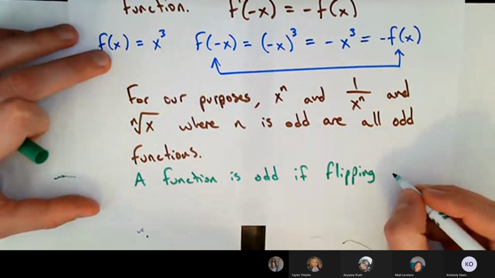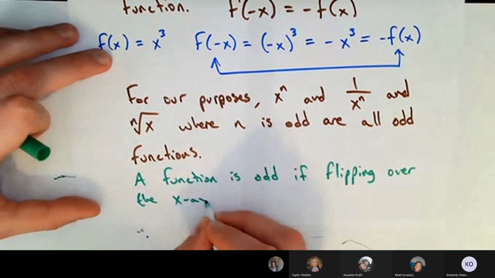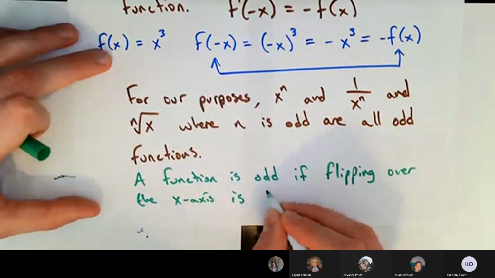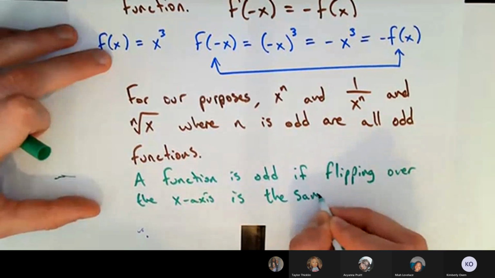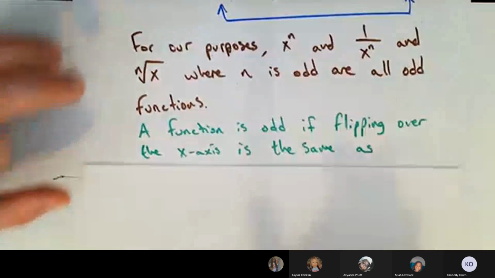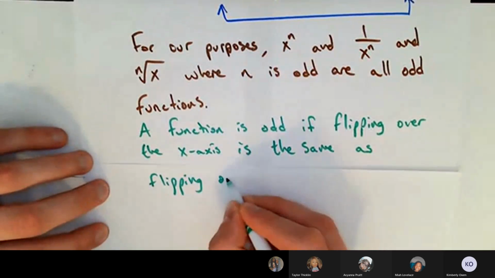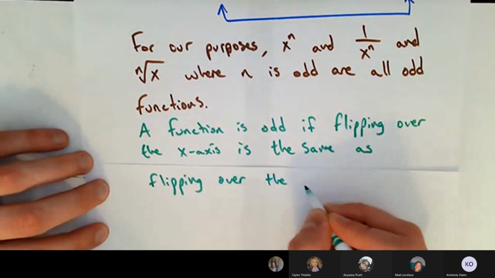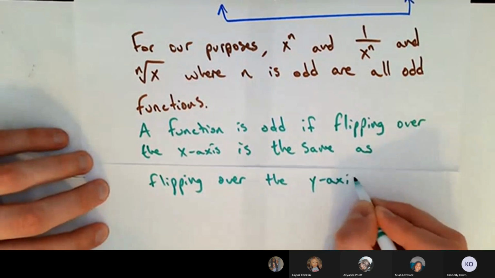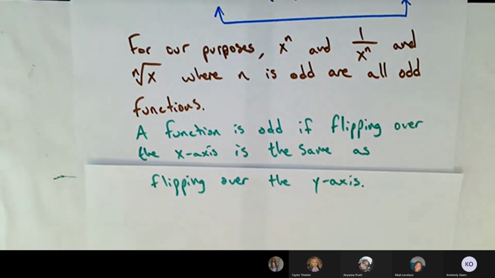But a function is odd if flipping over the x-axis is the same as flipping over the y-axis. Okay.